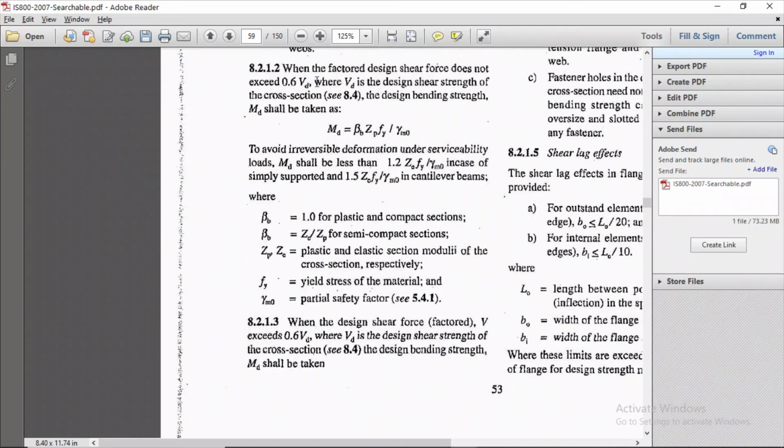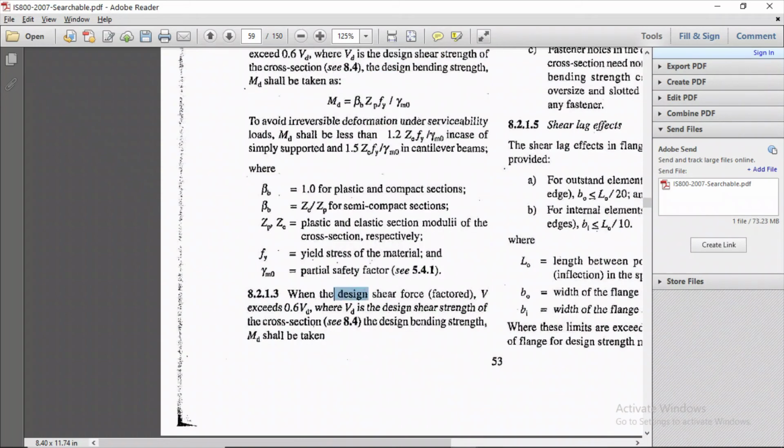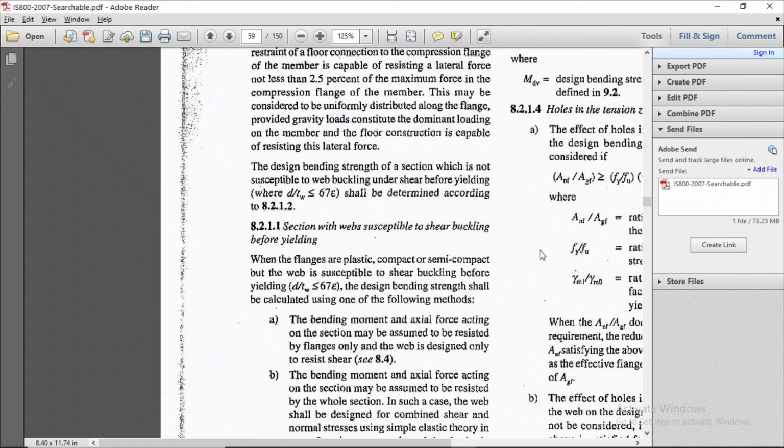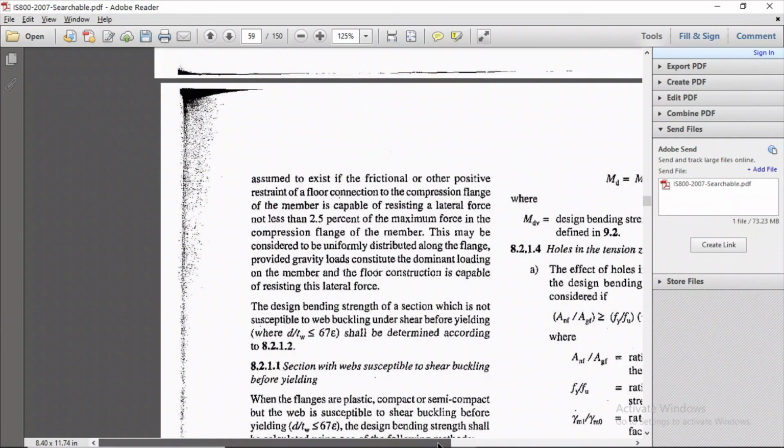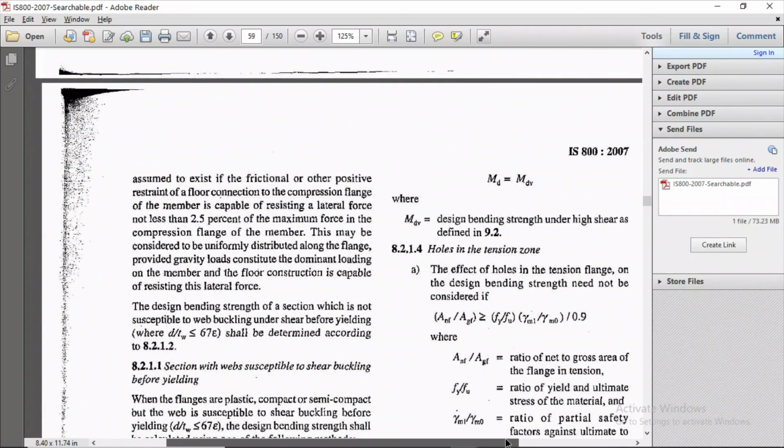So when the factored design shear force does not exceed 0.6 VD, where VD is the design shear strength of the cross section, only then is this formula applied. When the design shear force exceeds 0.6 VD, MD shall be taken as per a separate formula if the criteria is not satisfied. So for our case, the criteria is satisfied.